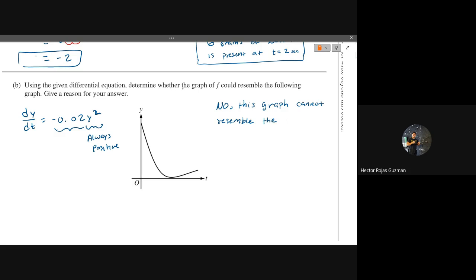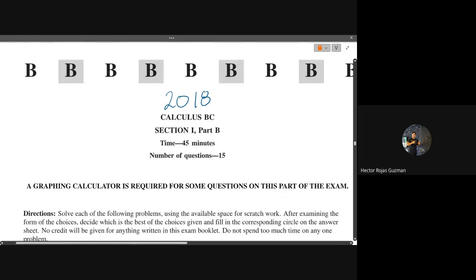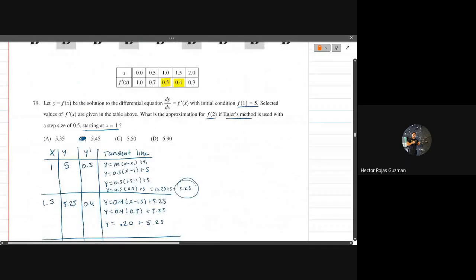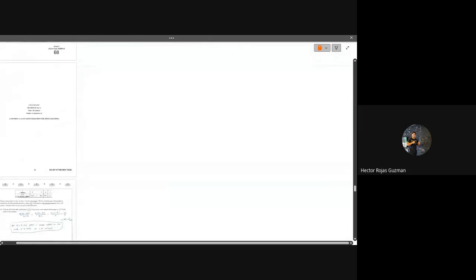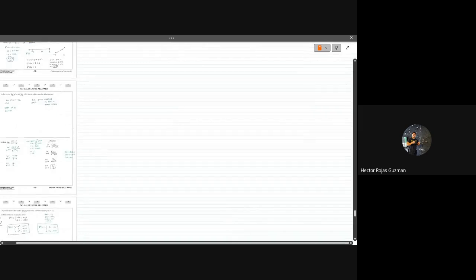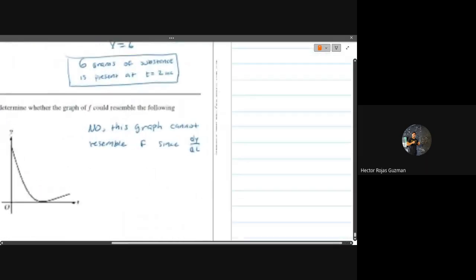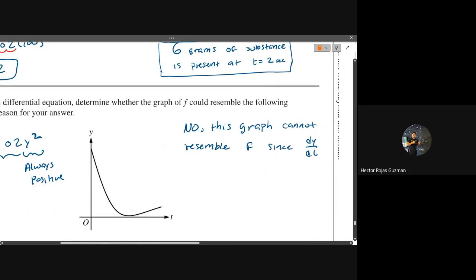Using the differential equation, determine whether the graph can resemble the following graph. Cannot resemble f since dy/dt is always negative.